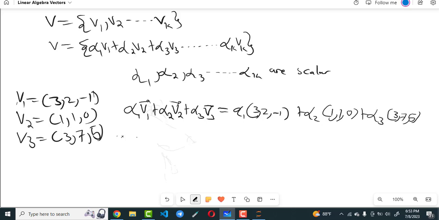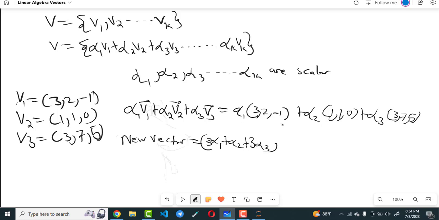After doing so, our new vector is equal to alpha 1 times 3. Here we get the position vector 3 alpha 1 plus alpha 2 plus 1. So here we get alpha 2 plus alpha 3 plus 3, we get 3 alpha 3.